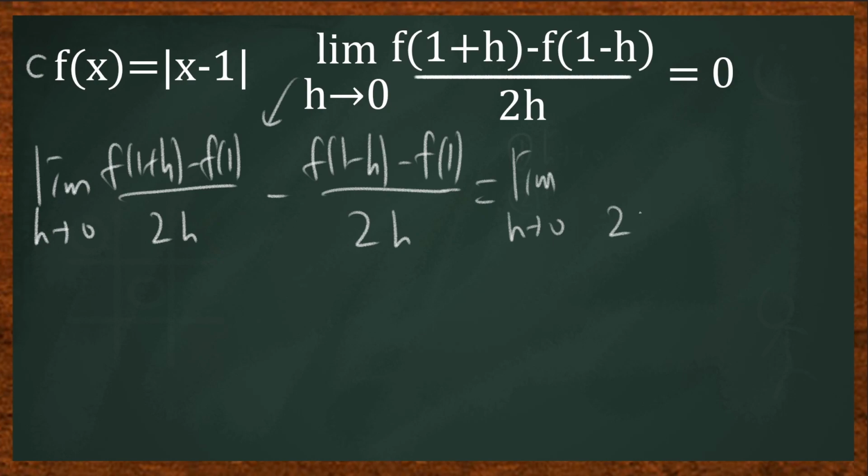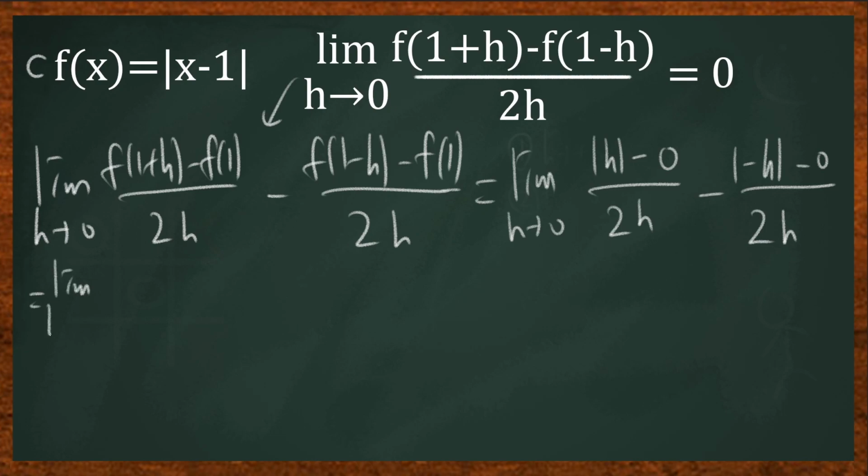Limit as h approaches 0 of 2h times the absolute value of h minus 0, minus 2h times the absolute value of minus h minus 0. So what we have to calculate is the limit as h approaches 0 of the absolute value of h over 2h minus the absolute value of minus h over 2h.